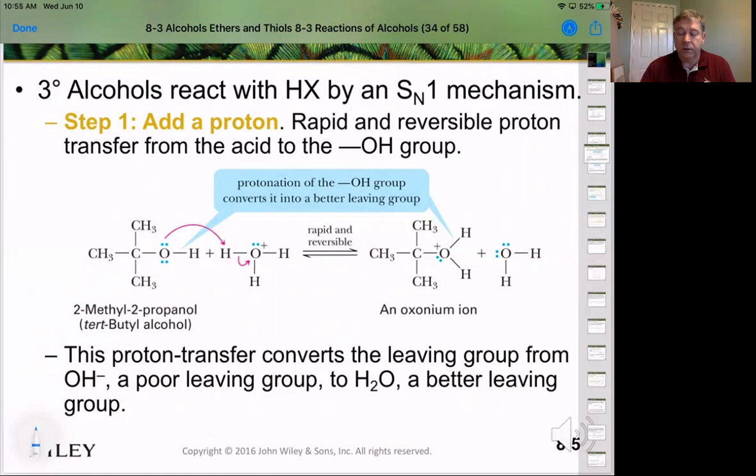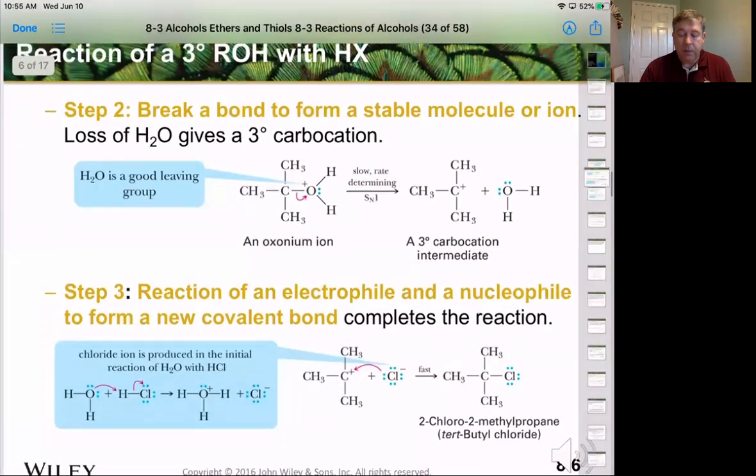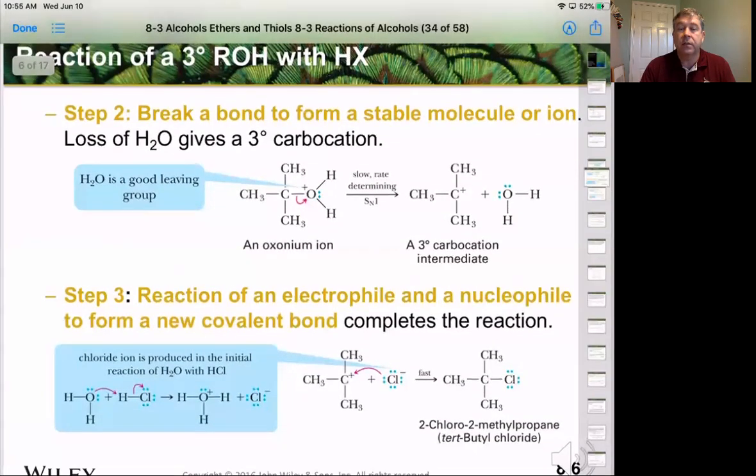Once we transfer that proton, we can break the bond between the oxonium ion and the alkyl group, creating a tertiary carbocation and a neutral water species. Now that we have that tertiary carbocation, we can have attack by a chloride or other halide as the nucleophile to generate our alkyl halide.